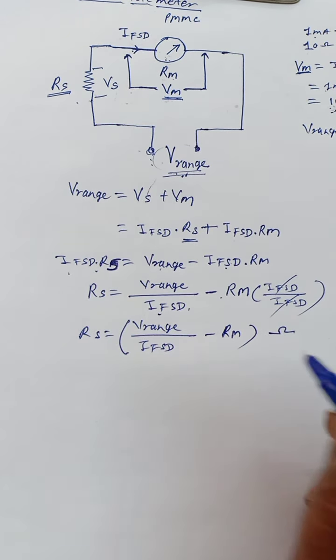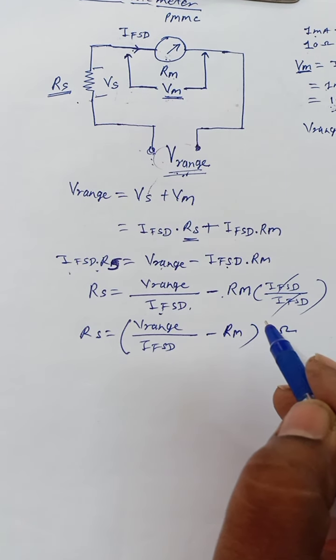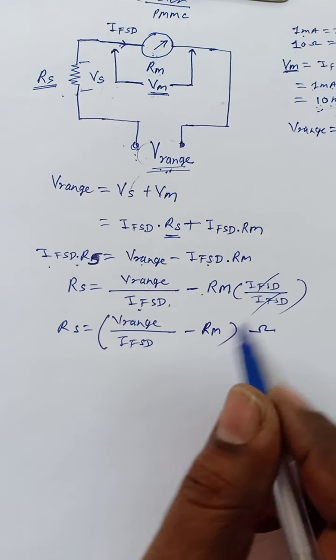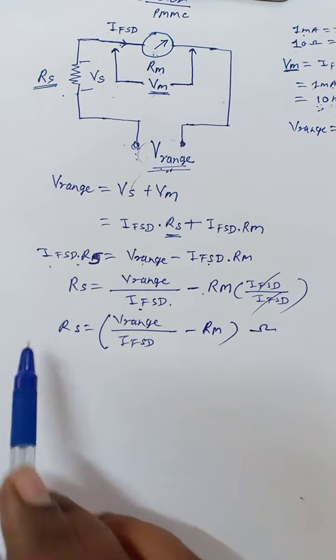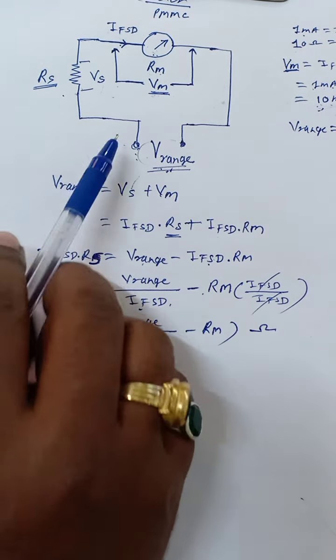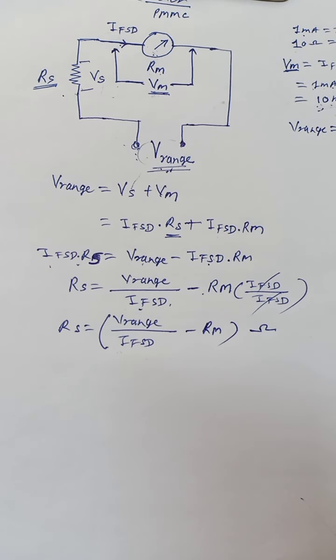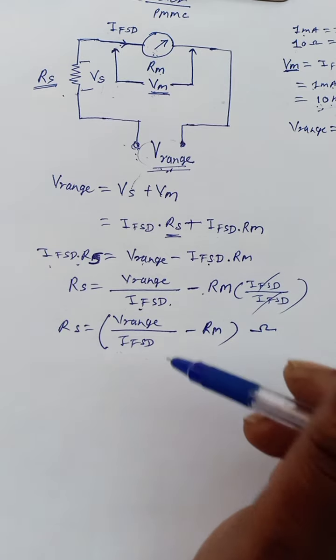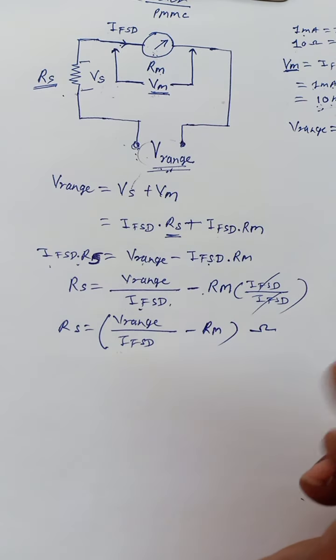Okay, so this is the formula. By using this we can design the voltmeter for different ranges. So now we are going to stop here. Carefully observe all this.